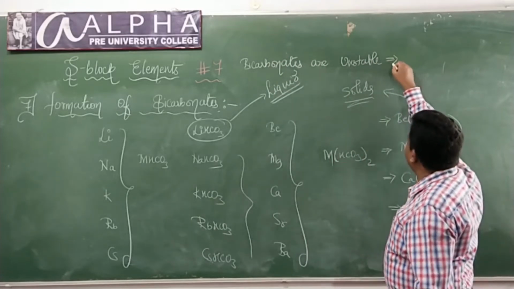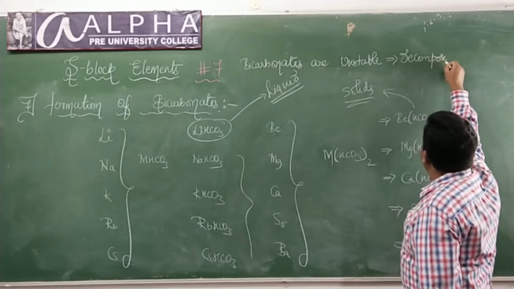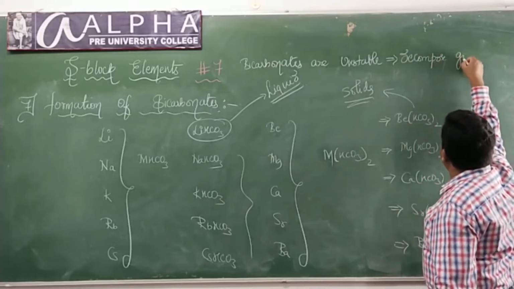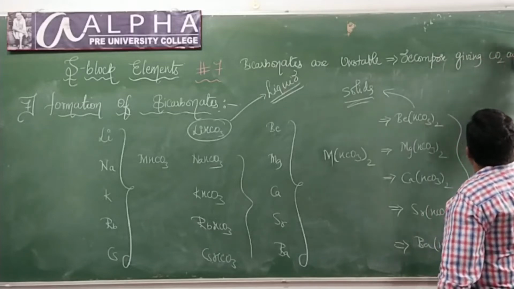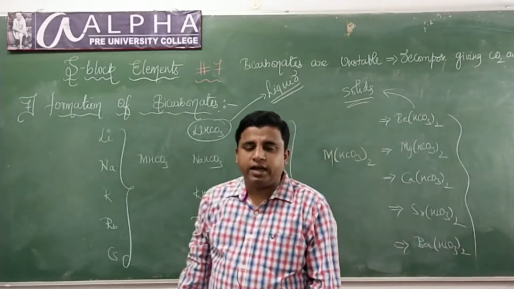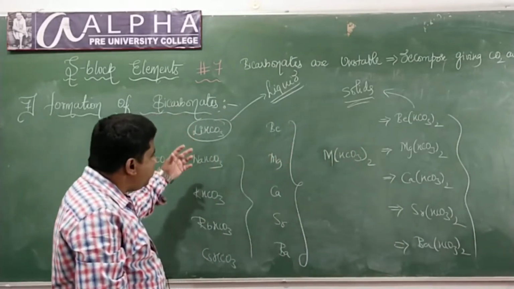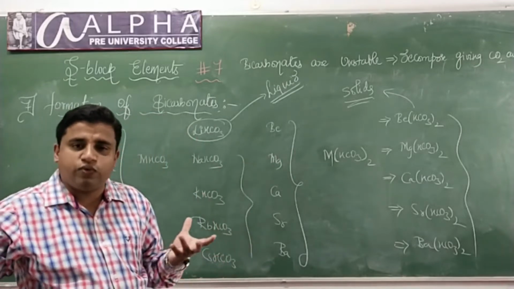They decompose, giving carbon dioxide and water. All these bicarbonates are unstable, whereas carbonates were very stable.